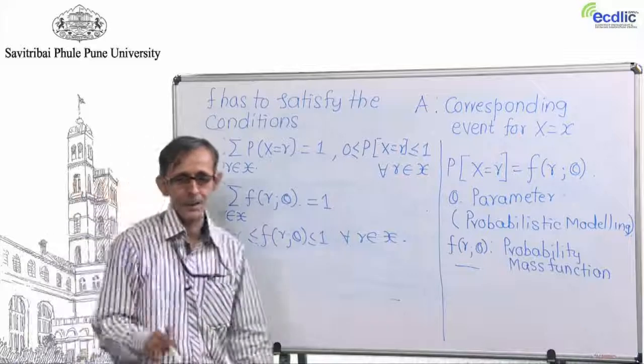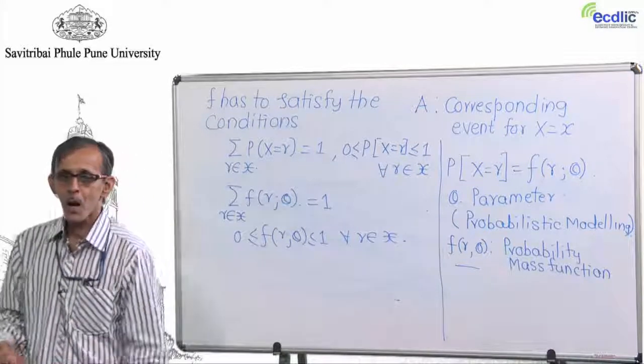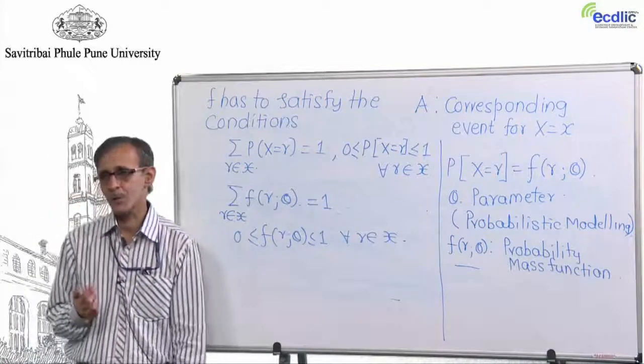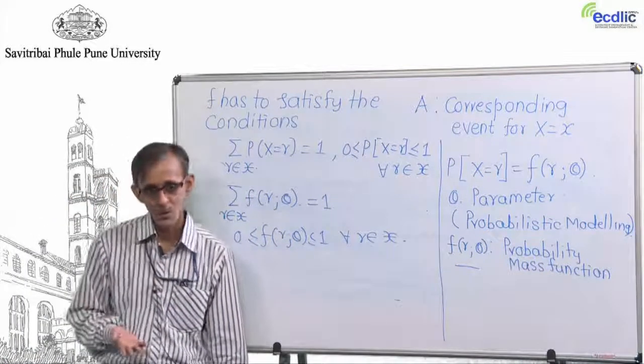I will give you an example later on of how one can derive the simplest distribution which all of us know in probability, called the binomial distribution.